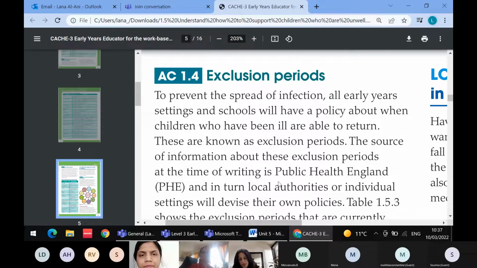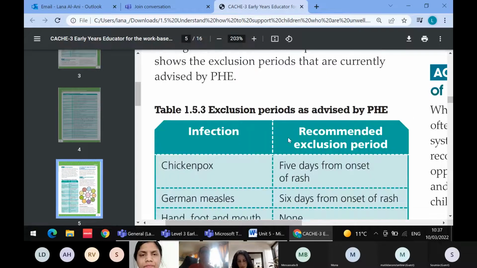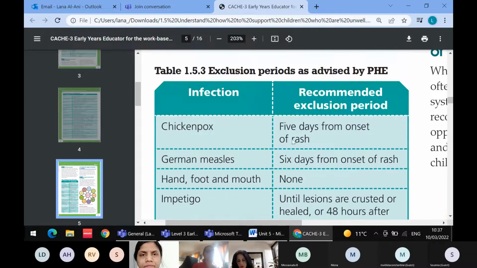They give certain times for each illness, and these times are here. For chickenpox, how long do they need to stay at home? 5 days. Very good. 5 days.